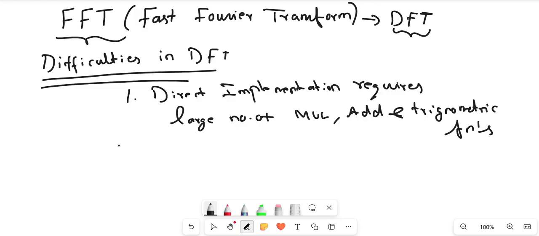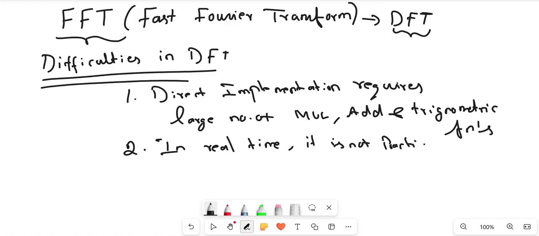In real time, it is not practical to handle a large number of input samples.